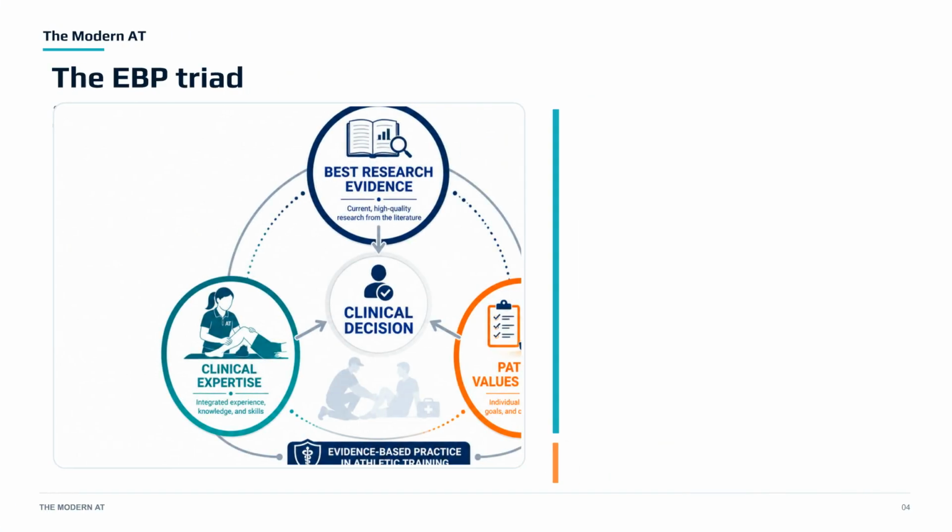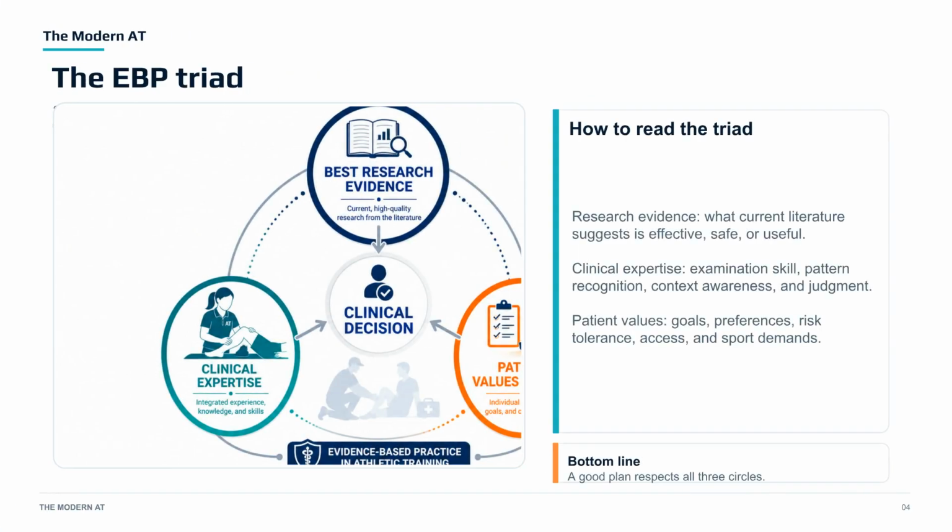This triad is the core model of EBP. Research evidence helps us understand what has been studied and what is likely to work. Clinical expertise helps us interpret that evidence, perform skilled examination and treatment, and adapt care to the setting. Patient values remind us that care is not done to a diagnosis. Care is done with a person.